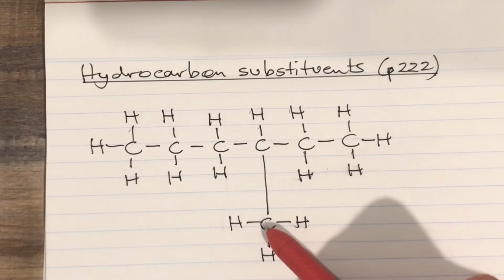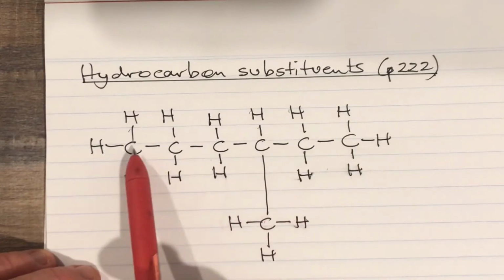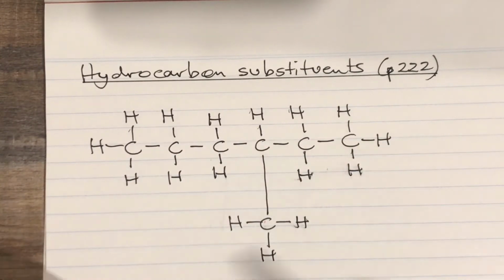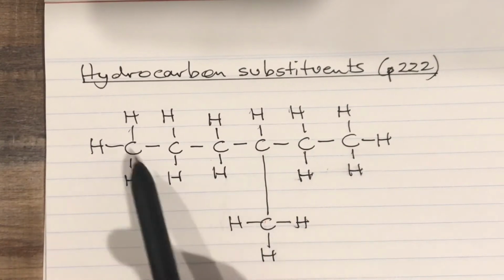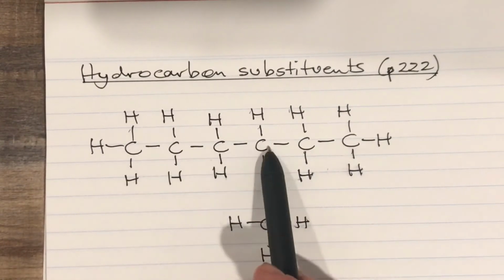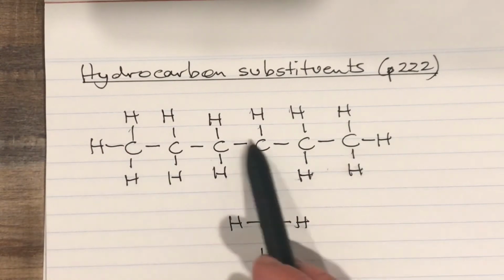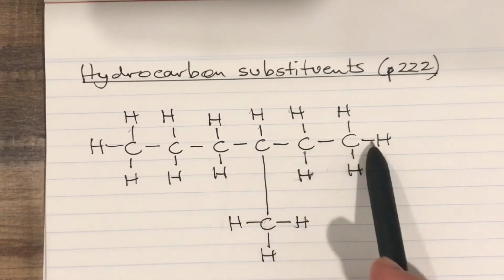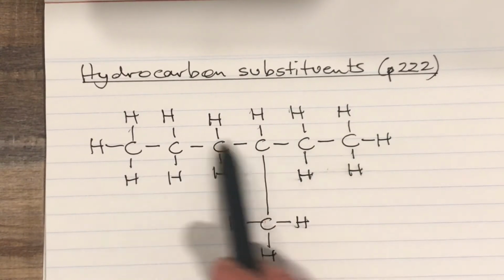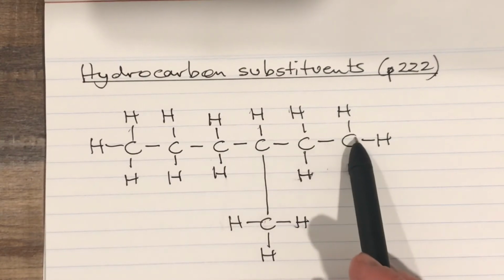Now that carbon can't be in the main chain, because the main chain is the longest continuous carbon chain. Oh, hang on, let's go this way: 1, 2, 3, 4, 5 that way, 4 carbons that way, but no, 6 across this way. So the longest continuous chain of carbons, the main chain, is this one here.